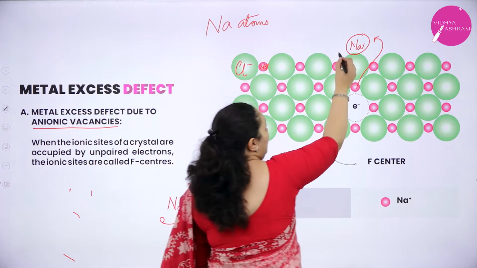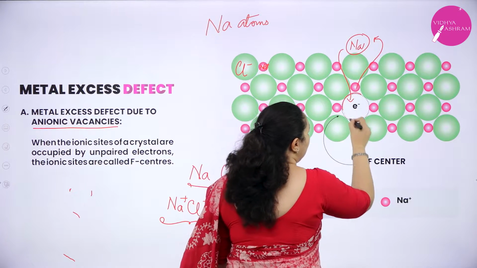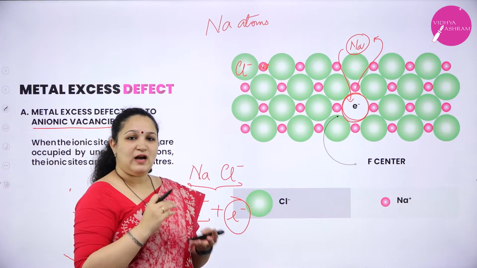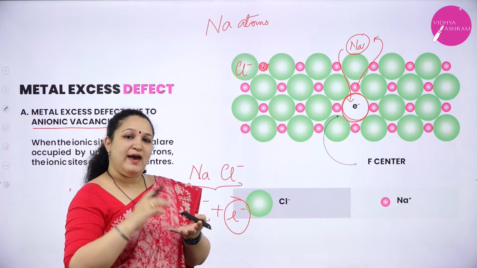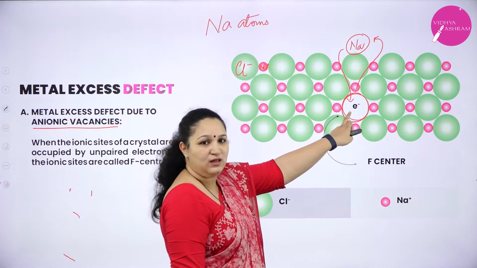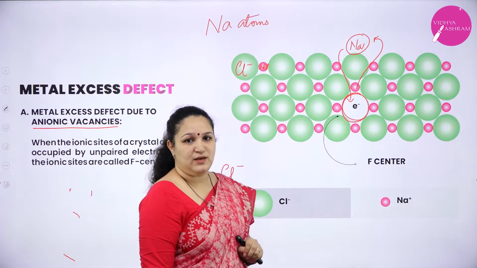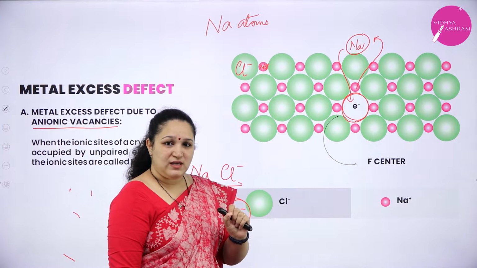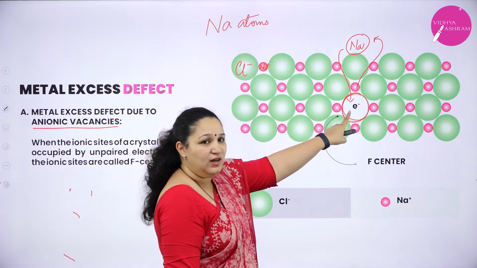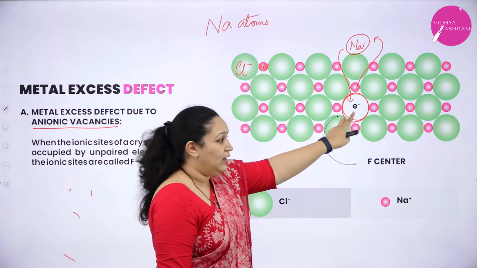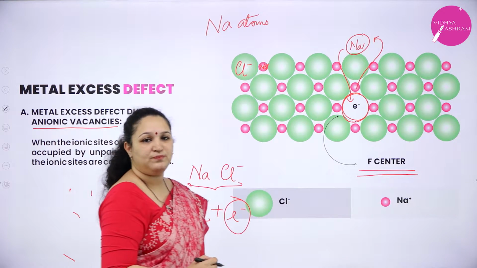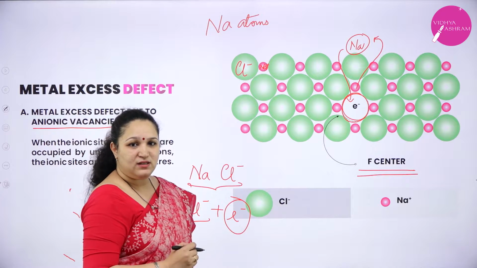That electron will diffuse back into the vacancy which was created, or it will come back to the place from where the chloride ion had diffused, and it will occupy the anionic vacancy. So anionic vacancies are occupied by the extra unpaired electron, and such centers are called F centers.